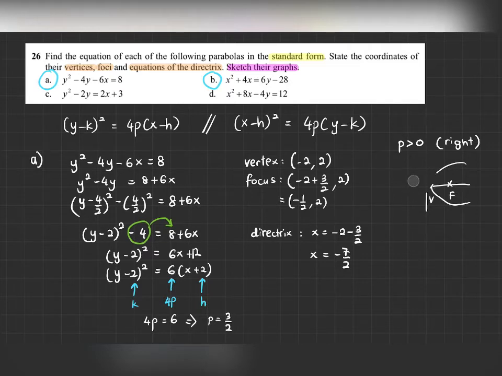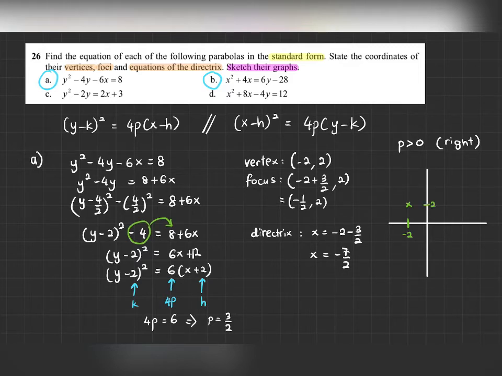Now let's sketch it properly. I'll draw it on the side here. Let's say this is where our -2 is. So (-2, 2), with 2 up here.